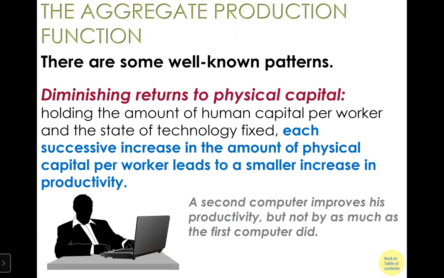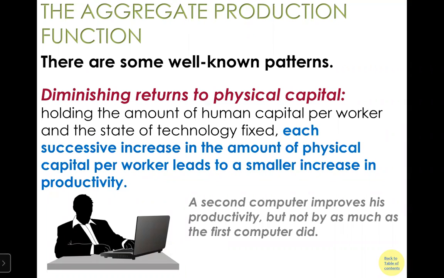Now, regarding this aggregate production function, there are some well-known patterns. Those patterns are summarized by observing our data. This pattern includes diminishing returns to physical capital. This says if we hold human capital per worker and technology fixed, and we increase the amount of physical capital by a marginal amount, you're going to see a smaller and smaller increase in labor productivity.